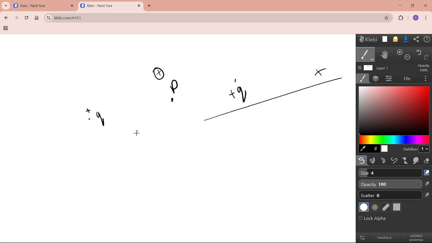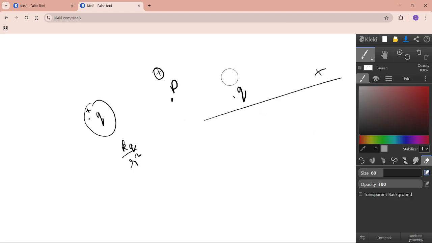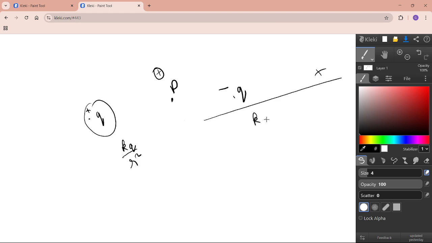Simply what we did was we took the electric field of this charge, kq by r square. Do not be confused with signs. Take the charge as it is. If it is negative, take negative. If it's positive, take positive. Like if it's minus q, take k minus q by r square.